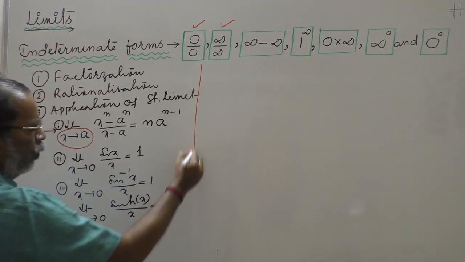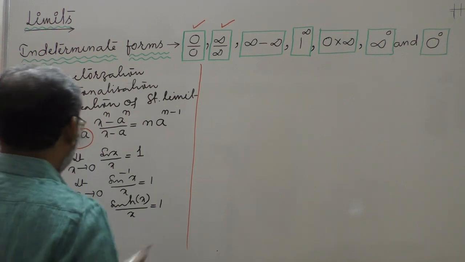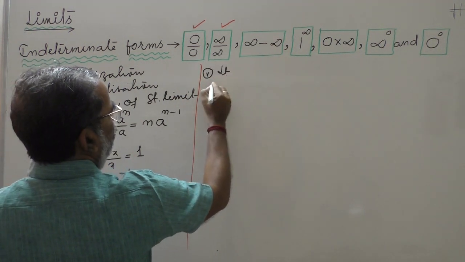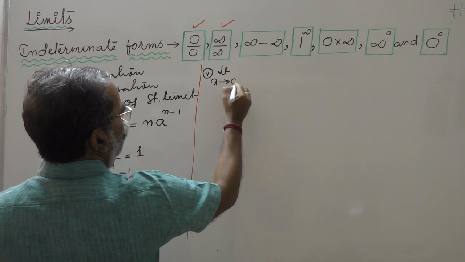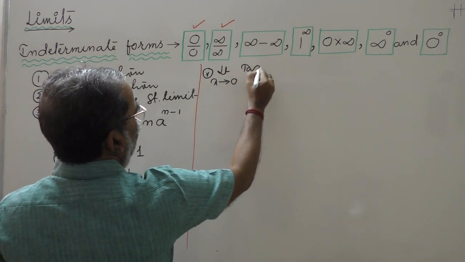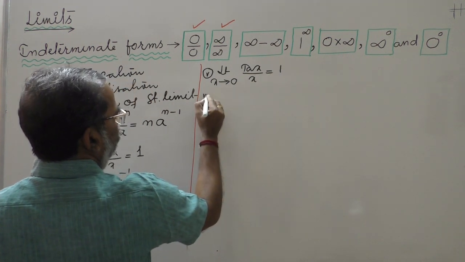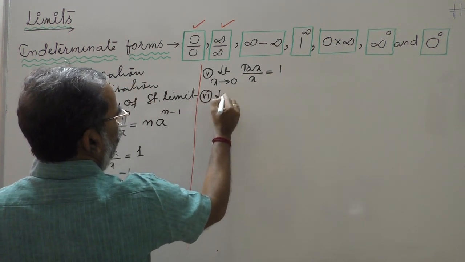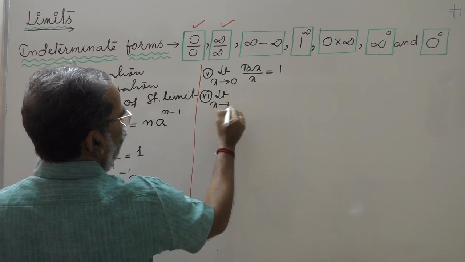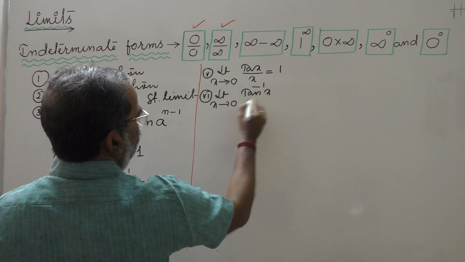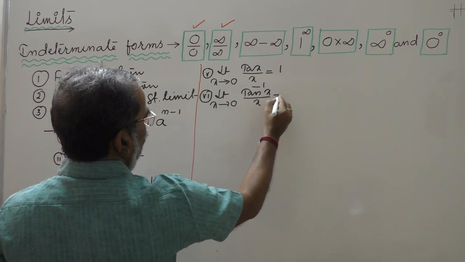Next, you see some more. Number 5. For tan also we have standard limits. Limit as x tends to 0 of tan x divided by x is 1. Next, limit as x tends to 0 of tan inverse of x by x is also 1.